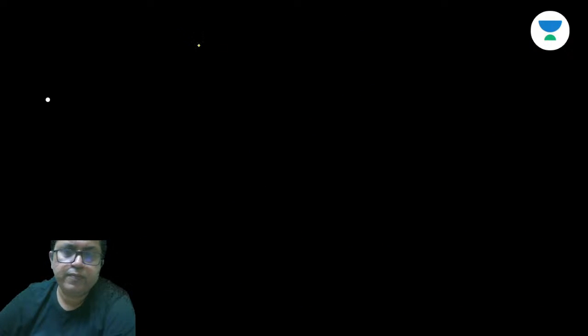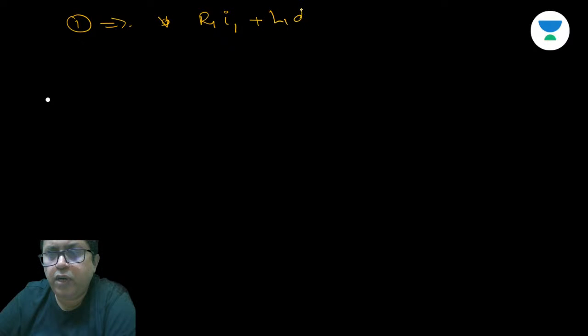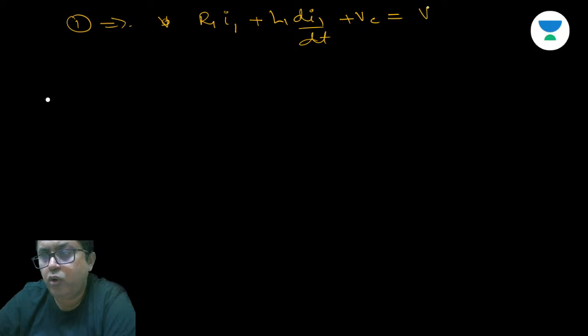Okay, so I will say first loop implies R1 I1 plus L1 di1 by dt plus Vc is equal to V1.